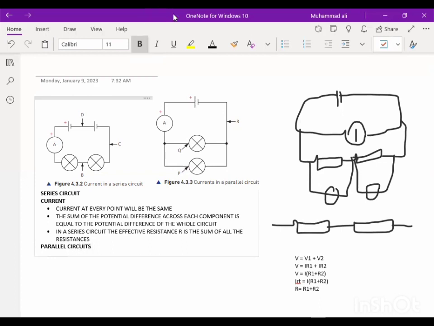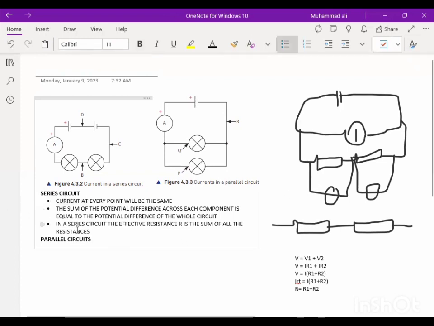Okay, so now let's try to imagine what's going to happen. First thing that I need to know is that if I'm talking about a parallel circuit, there is more than one path for electrical charge to flow.